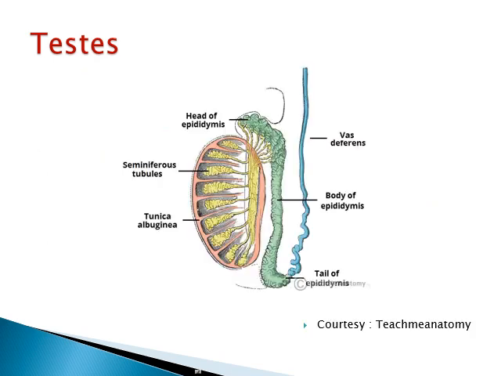This is a diagram of a testis. Here you can see that length is approximately 4 to 5 centimeter while the width is 2 to 3 centimeter. This area is a primary sex organ which contains testes, and these are the testicular lobules. You can see here this is one testicular lobule and many testicular lobules are present.